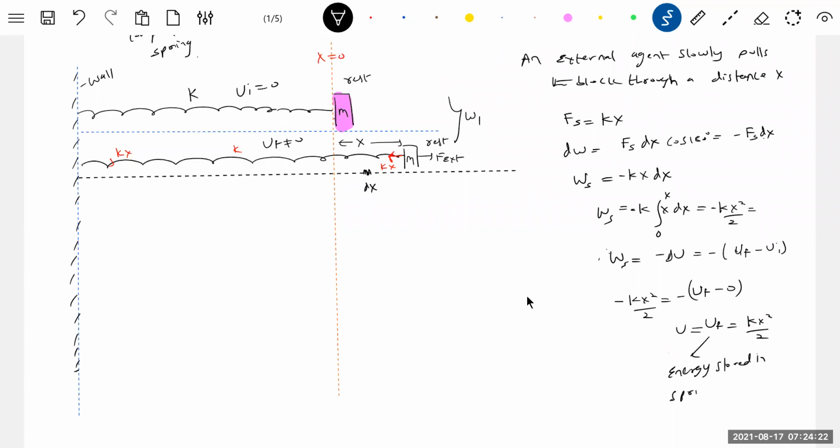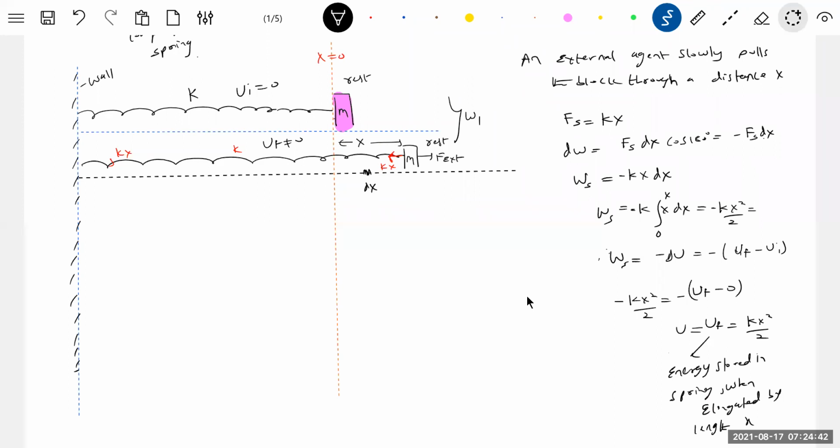Energy stored in the spring when elongated by length x.